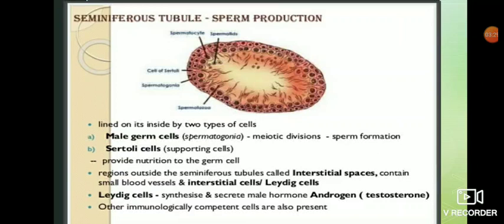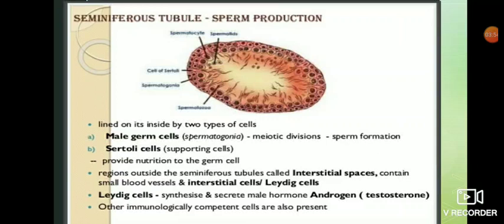Each seminiferous tubule is lined on its inside by two types of cells called male germ cells and Sertoli cells. The male germ cells undergo meiotic division, finally leading to sperm formation, while Sertoli cells provide nutrition to the germ cells.